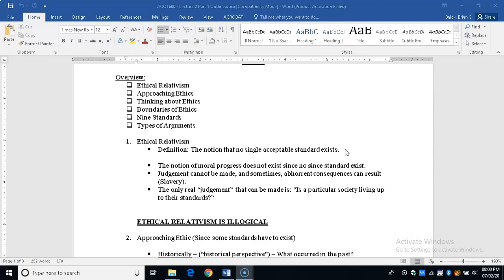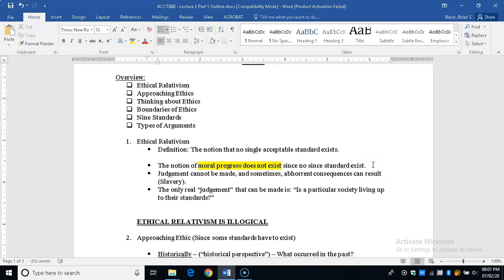And ethical relativism states a couple things. First, if you believe in ethical relativism, then it means that there's no such thing as moral progress. So moral progress cannot exist if you believe in ethical relativism because there's no such thing as right versus wrong. Basically, anything goes.